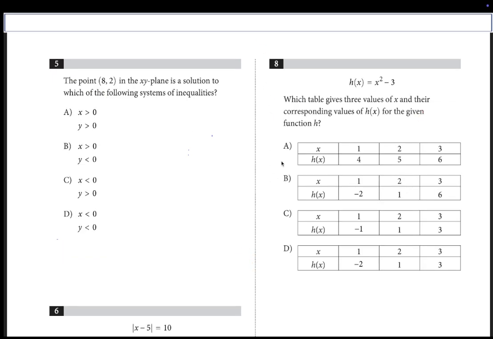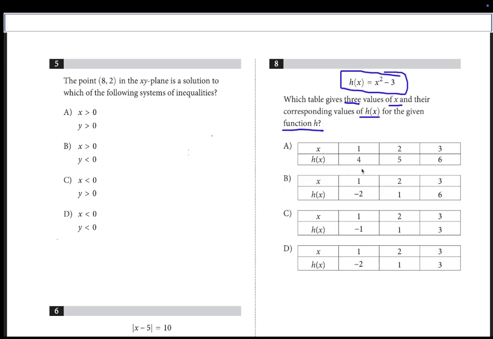Number 8 states h of x is equal to x squared minus 3. Which table gives 3 values of x and their corresponding values of h of x for the given function h? So here, we just have to plug in our x values into this equation so that we can find which one of these tables best represents the x and y's for h of x.